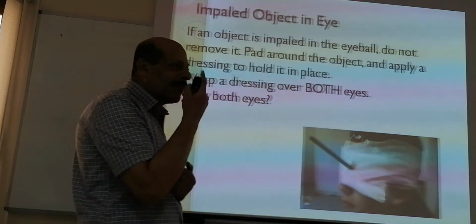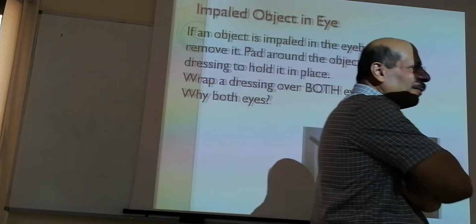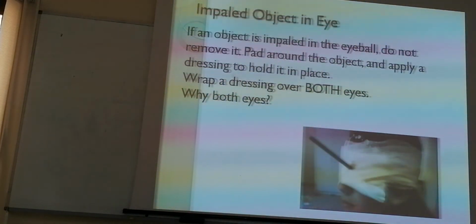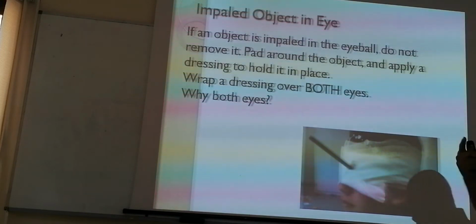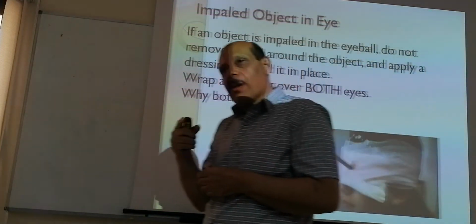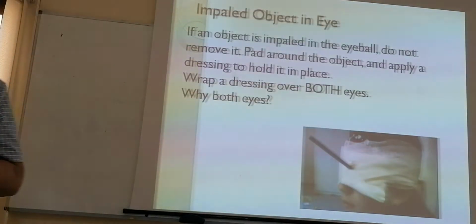We have to use the bandage and close both eyes, because usually we are not moving one eye alone. So if we keep the other eye open, the movement and running of that eye will lead to movement of the other eye. When the eye is moved, the object will also be moved and it will cause more pain.